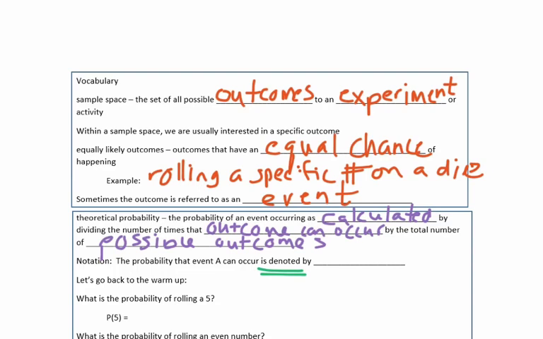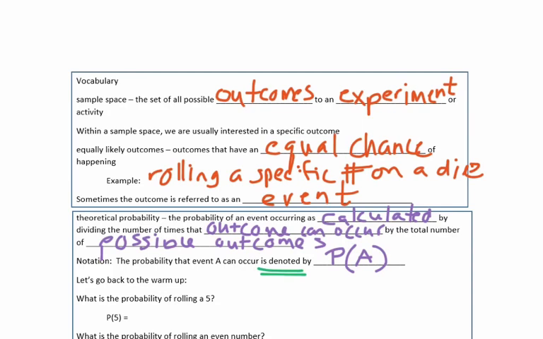So the notation for it in math is going to be a capital P. P stands for probability. And then in parentheses next to it, you will have the capital letter A for event A. So you would read this out loud, the probability of event A.